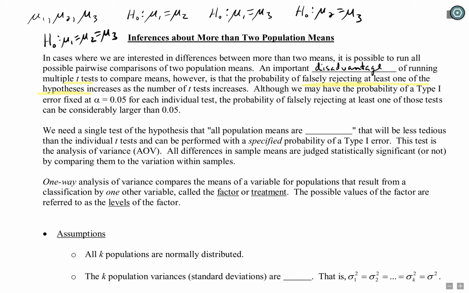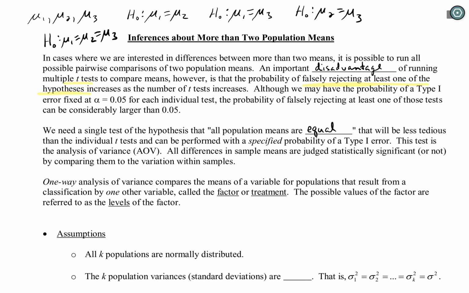In particular, we need a single test of hypothesis that tests that all population means are equal. We need it to be less tedious than the individual t-tests, and we can also perform the test at a specified type 1 error probability.